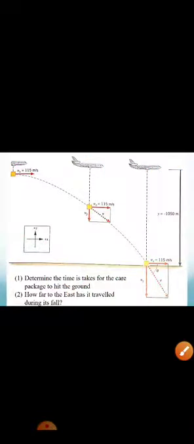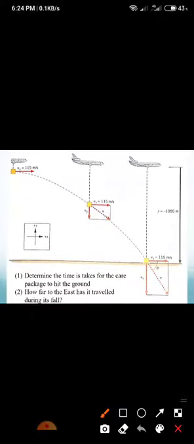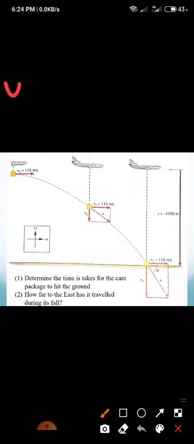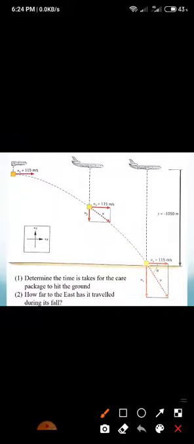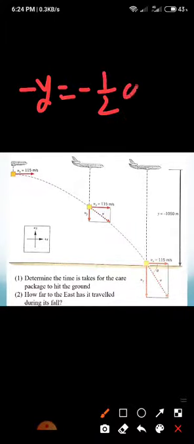So finally, what will be the equation? Minus y equal to minus half gt square.